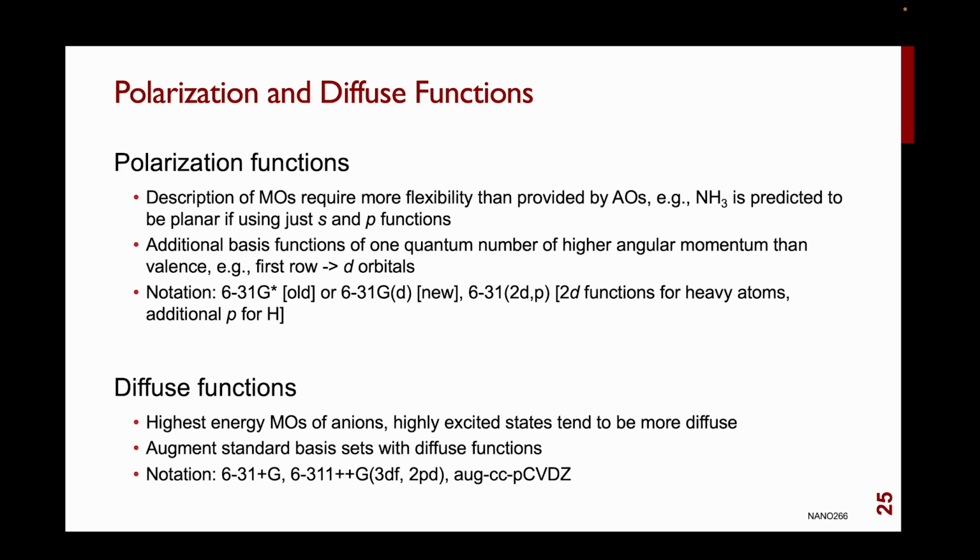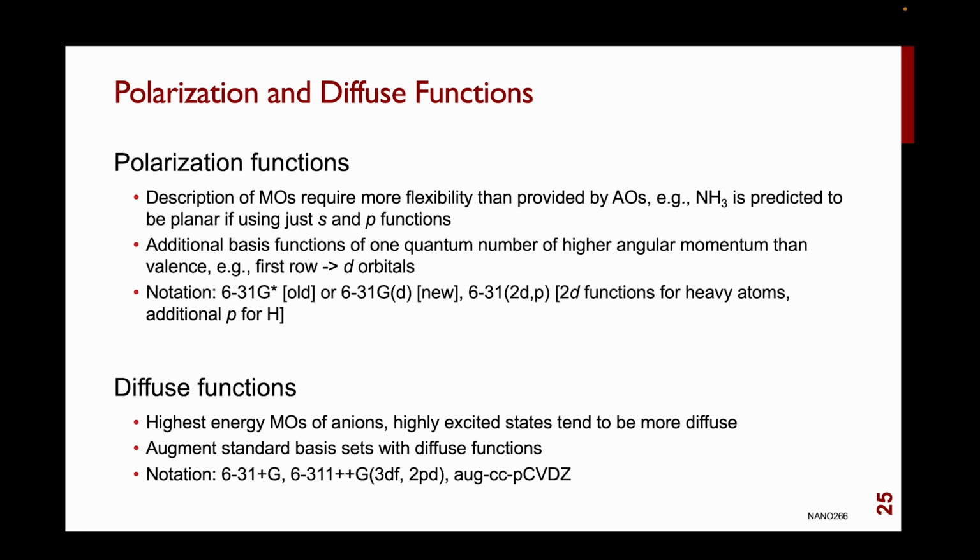Okay, now the second type of basis set expansion that you can use is what are known as diffuse functions. These have a certain use when you have anions, especially those with very diffuse electron clouds. Typically your normal basis functions, even when you add on polarization functions, do not have sufficient spatial extent to actually model diffuse electron clouds.